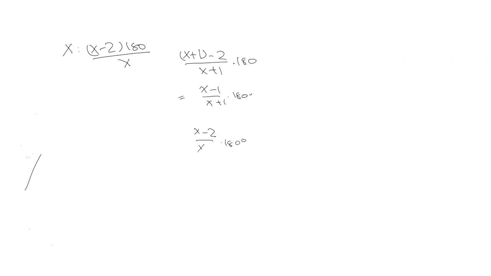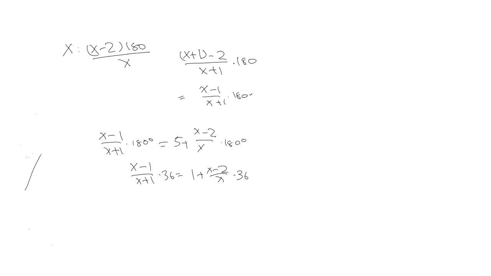And now we know that the angle for the bigger one is going to be larger. So if we add 5 to the smaller one, we get that this is equal to x minus 1 over x plus 1 times 180 degrees. Now we can divide by 5 on both sides to get that x minus 1 over x plus 1 times 36 is equal to 1 plus x minus 2 over x times 36.